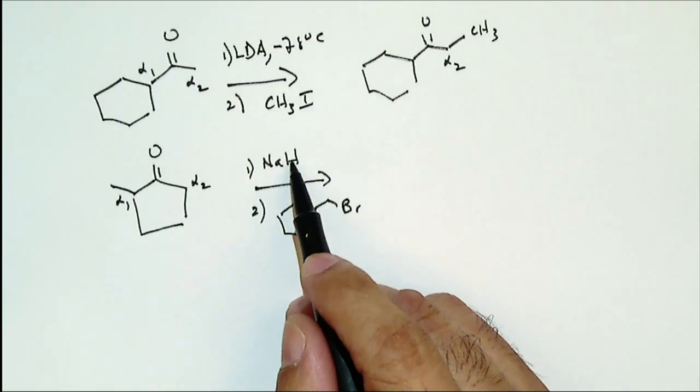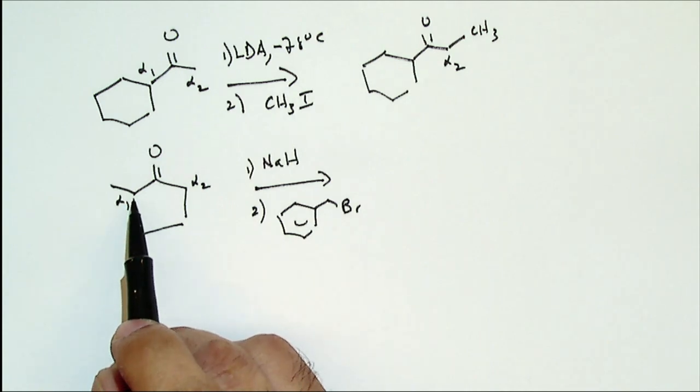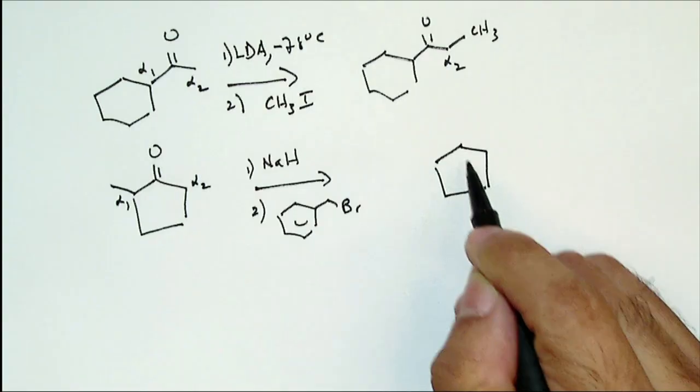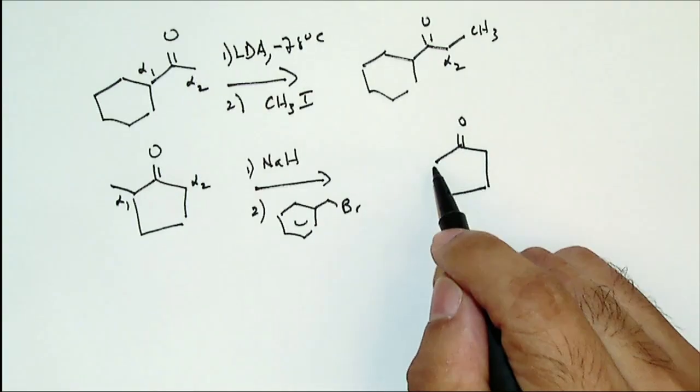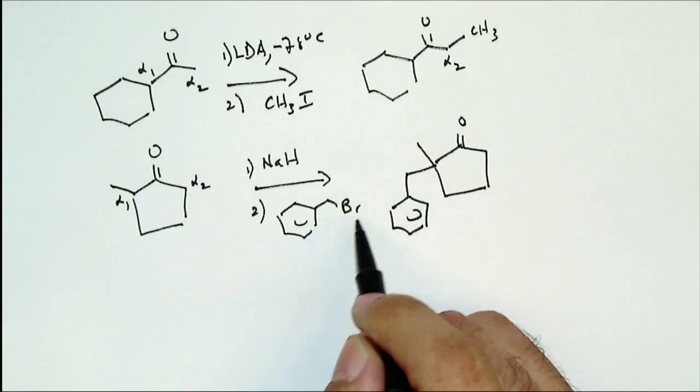Because this is a small base, it can access alpha 1 to deprotonate here. So that's the position where I'm going to add the alkyl group. So for that, the product is therefore going to be, here is where I add the R of the Rx.